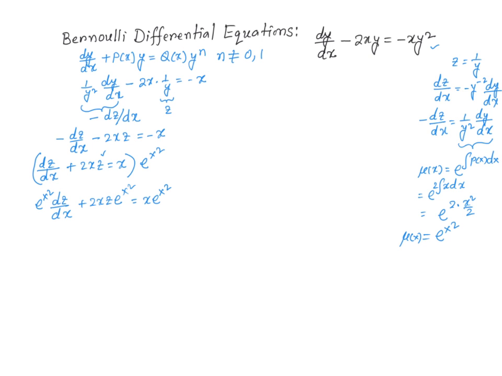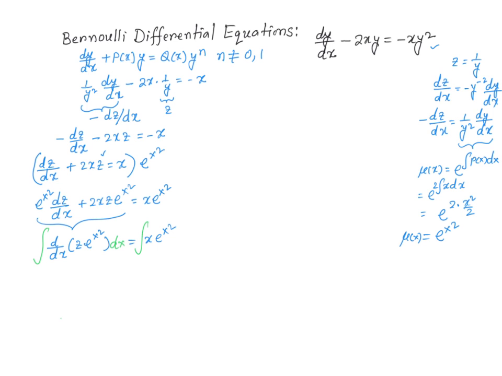Now the effect of multiplying by the integrating factor is that the left hand side becomes the derivative of a product, which is d over dx of z times e to the power x squared, and the right hand side is x e to the power x squared. Now I can integrate both sides of this equation with respect to x.